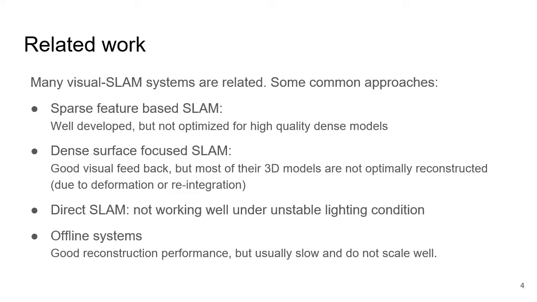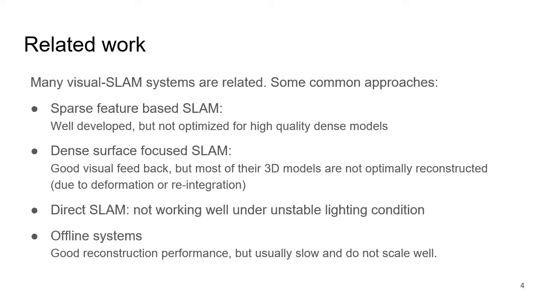And then dense surface-focused SLAM systems usually provide good visual feedback, but most of their reconstructed models are not optimally reconstructed due to the fact they usually use deformation mechanisms or reintegration when they optimize their camera pose.